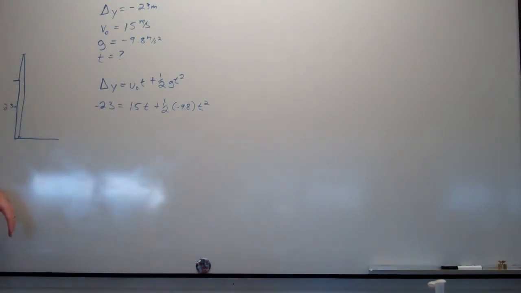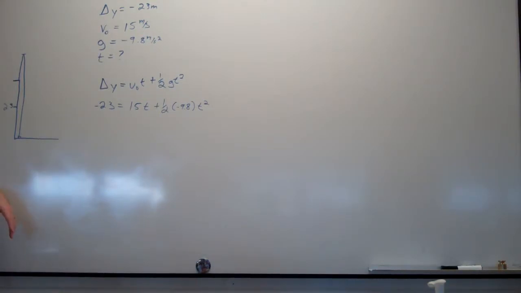What do we have to do to solve that for t? Since we have a t and a t squared. What is that? Factor out t. Can't factor out a t, because we have a 23 on the other side.